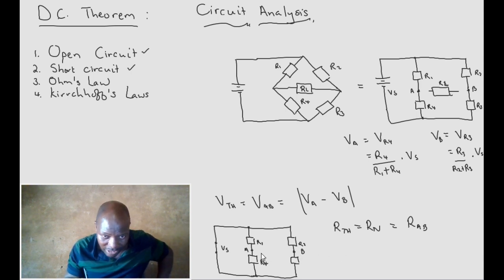If you look at the circuit, if you want to analyze the circuit, let's take A as a point. A is a point where we have a split. One route from A is R1. The other route from A is R4.